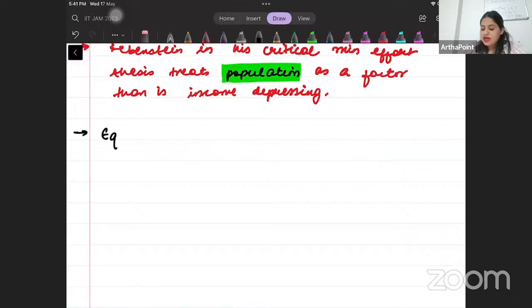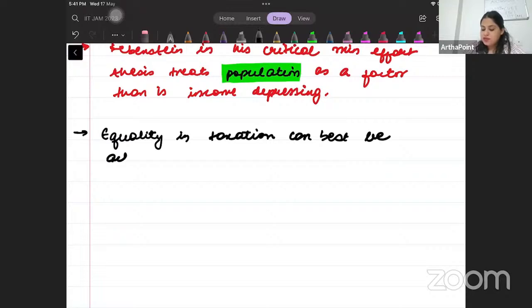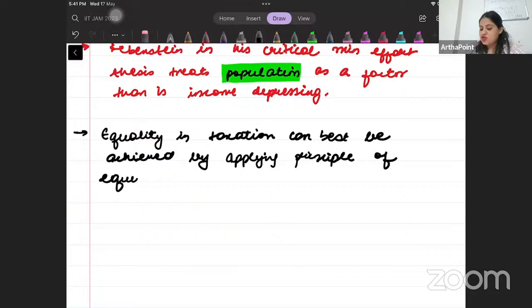Please write down the fourth point, beta. Equality, ये सारे के सारे पे MCQ will come. In taxation, equality can best be achieved by applying the principle of equal marginal sacrifice.